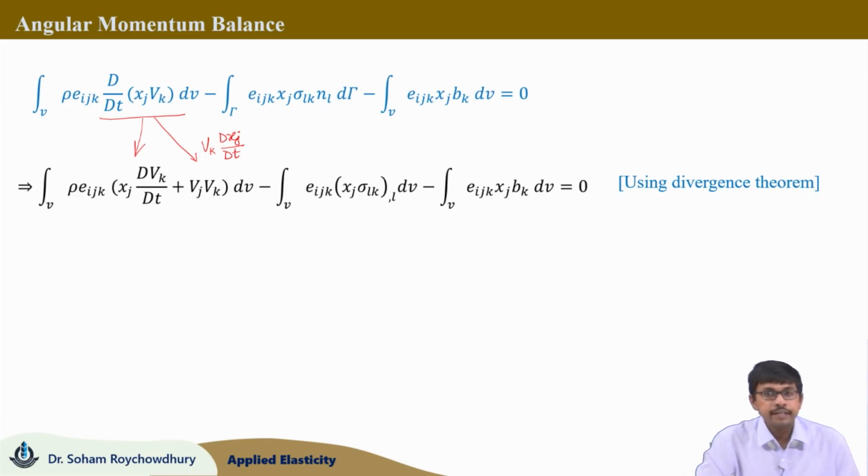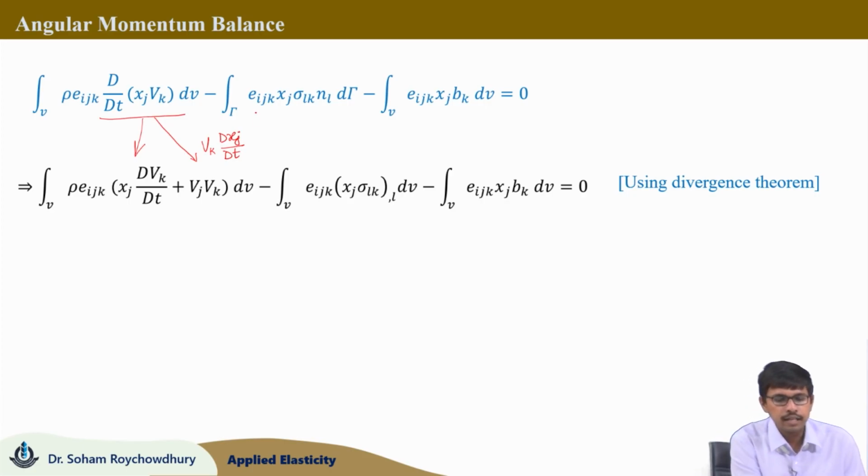So, the second term would be v_j v_k. So, d/dt of x_j v_k has two terms, x_j times dv_k/dt plus v_j v_k, in the first integral term. Now, the second integral term, which was a surface integral, is converted into a volume integral using the Gauss divergence theorem like this.